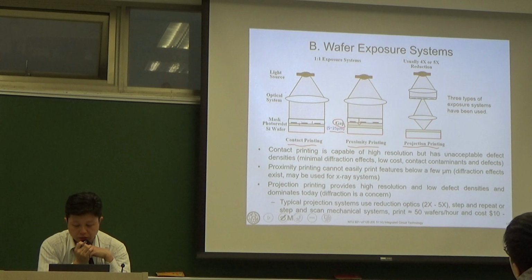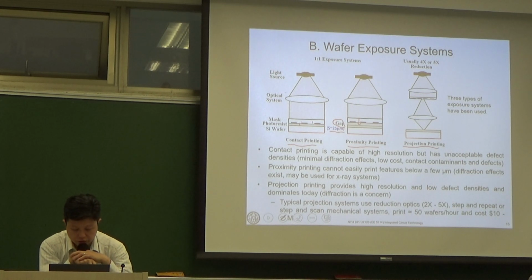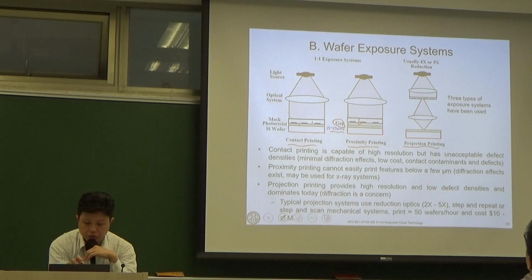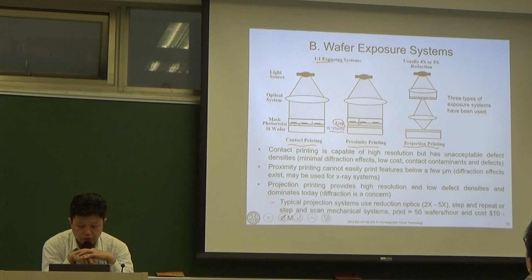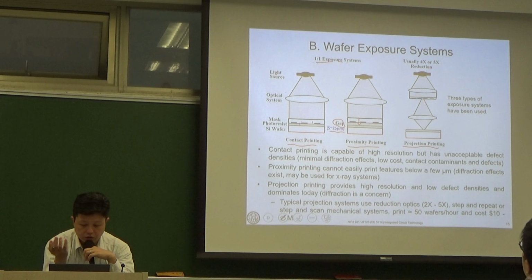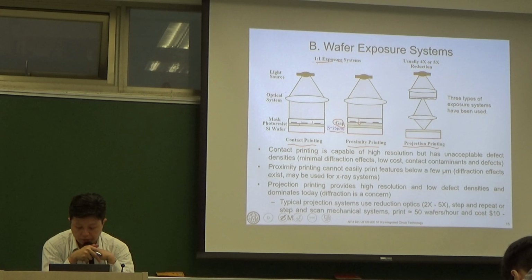The resolution will be lower compared to the contact printing system. Okay, and these two systems we call one-to-one exposure systems, because basically the pattern you want on your wafers will be the same size on your mask. So there's a one-to-one ratio between them.